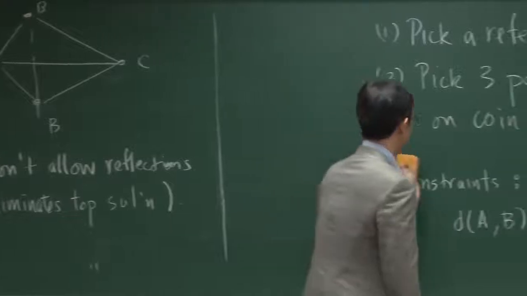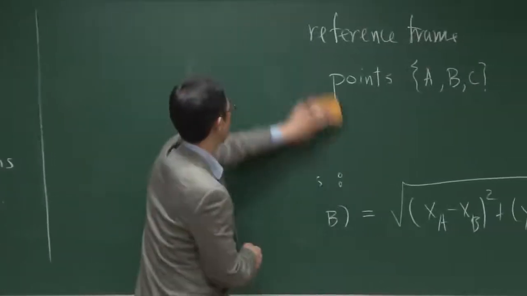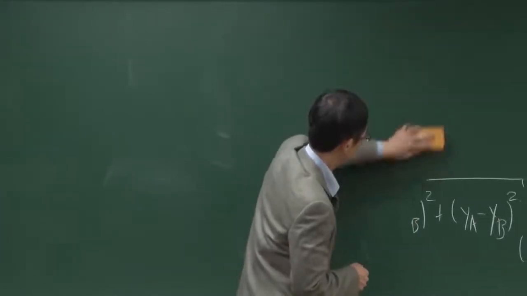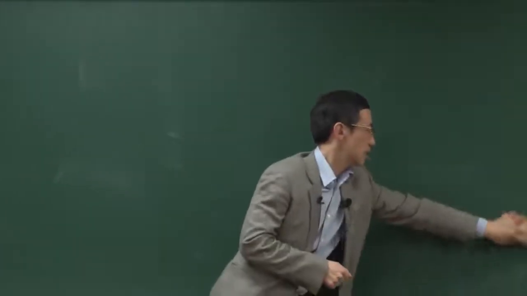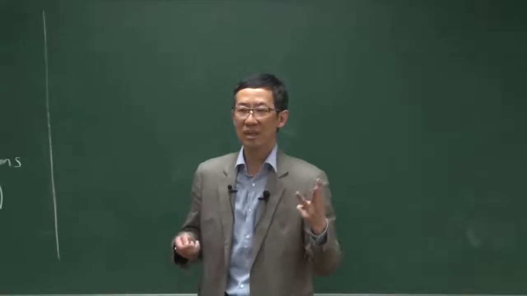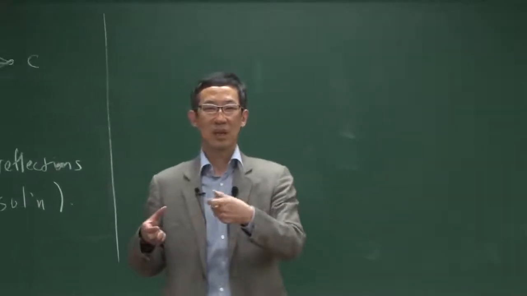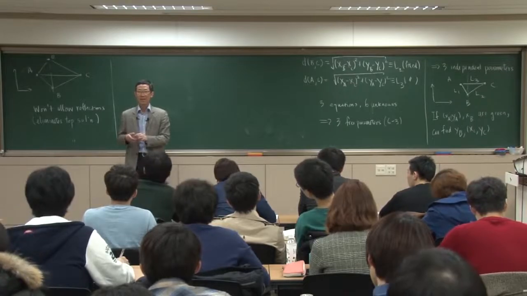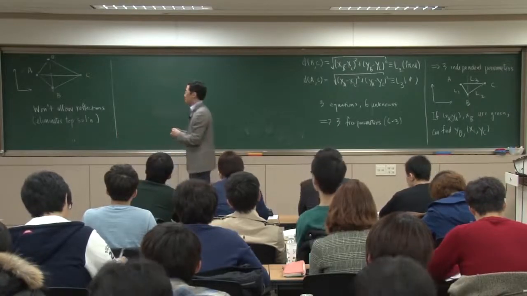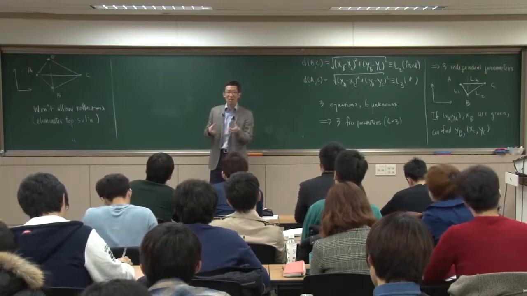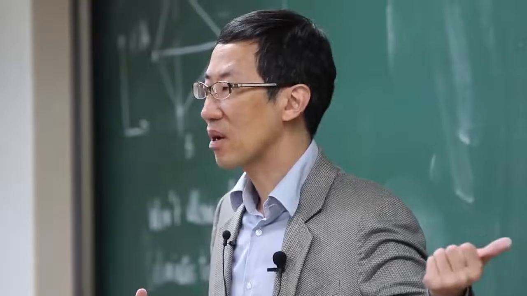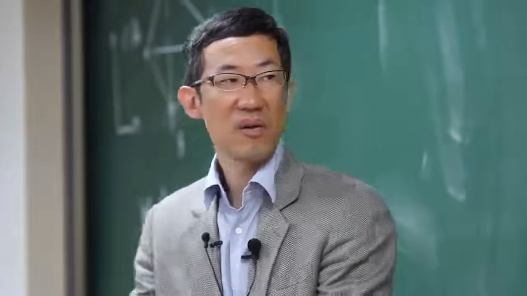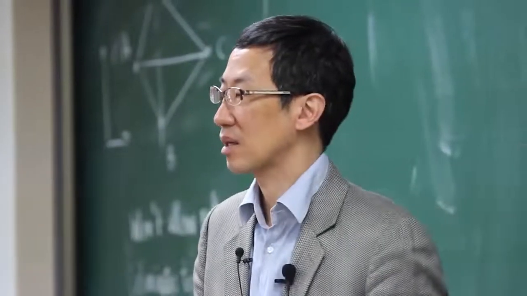So we need three coordinates to describe the location of a coin on a table. Three independent coordinates. We used 6 before, 3 of which are independent, and the remaining 3 we obtain by solving the constraint equations.